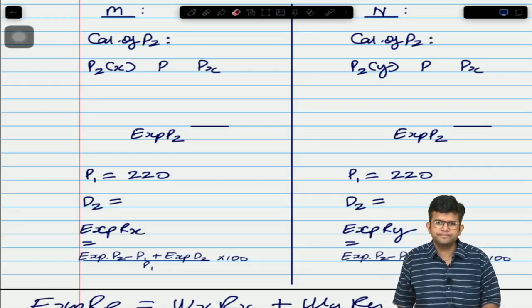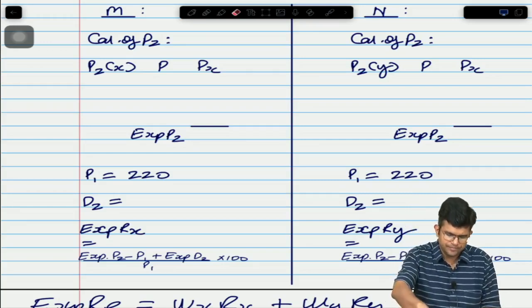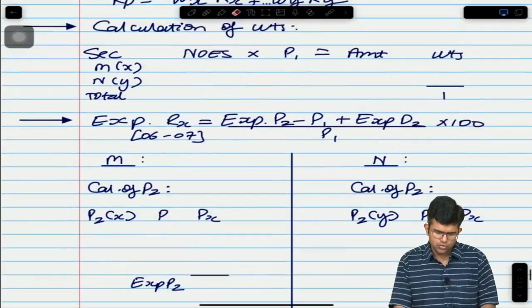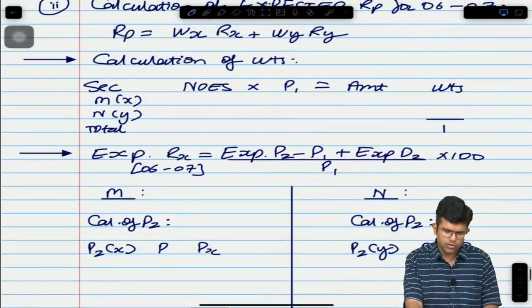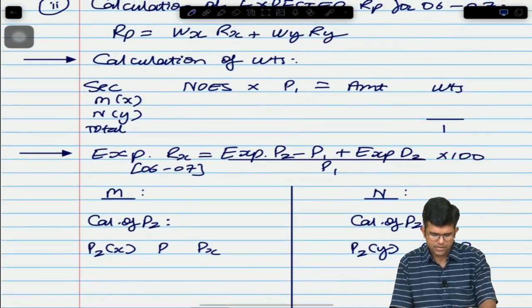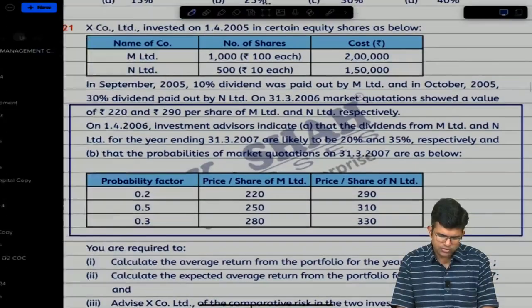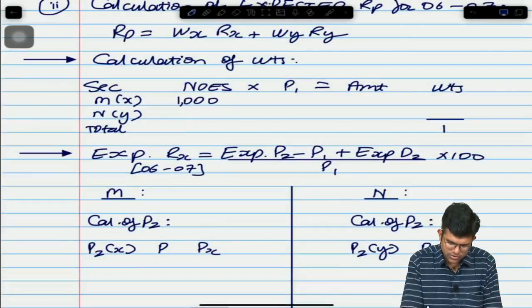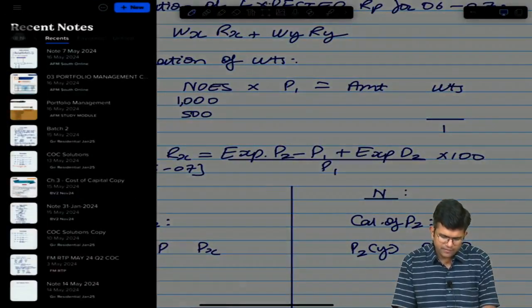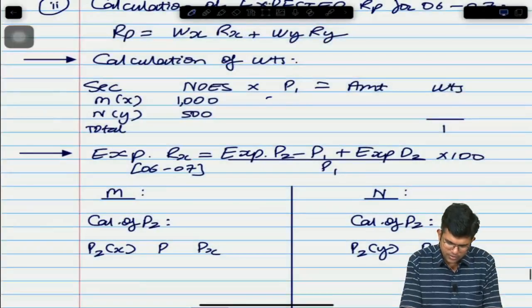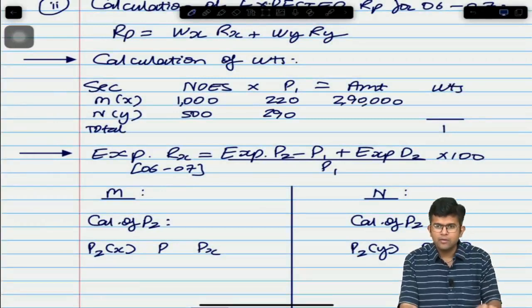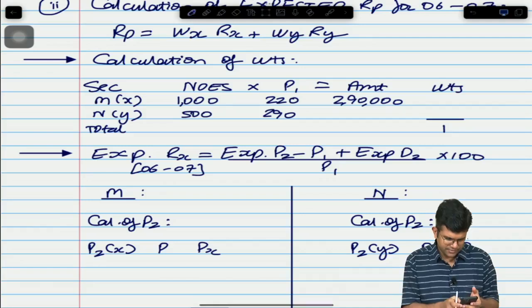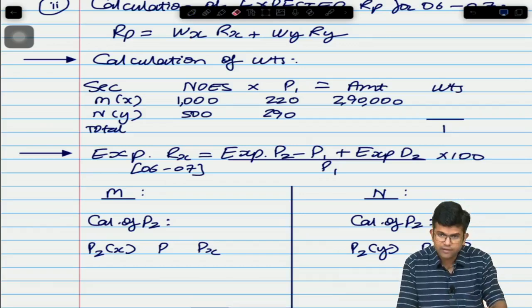Are you done? I'll discuss. Okay. So, students, what did you get as the weights? So, number of shares I guess was 1500 only. So, this is going to remain 1000. This is 500. P1 we got was 220, 290, 220, 290. This is 2,90,000. What is this 500? 500 into 290, 1,45,000.